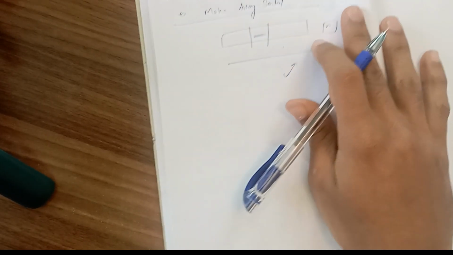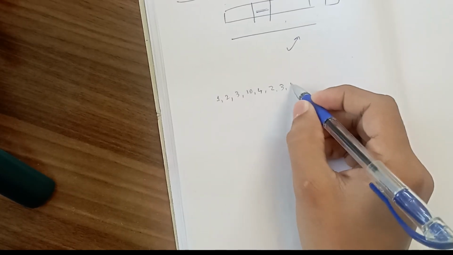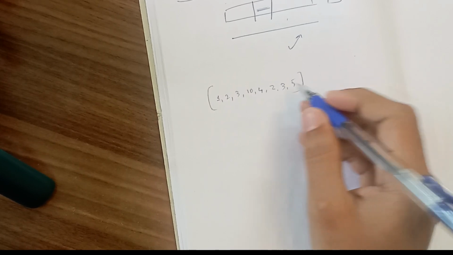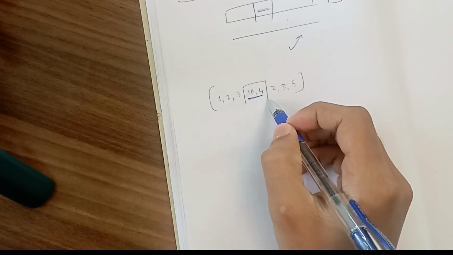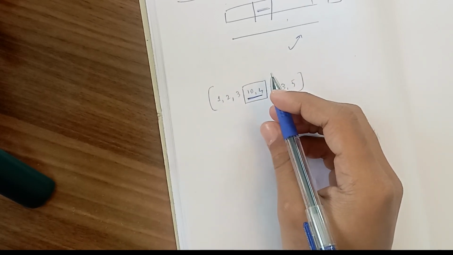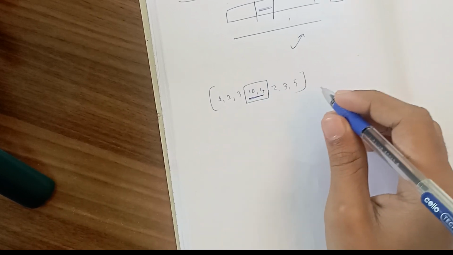And then we are given an example: 1, 2, 3, 10, 4, 2, 3, 5. Now, in this array, if we remove this subarray 10, 4, 2, which is not increasing, we can make the array sorted, or non-decreasing.